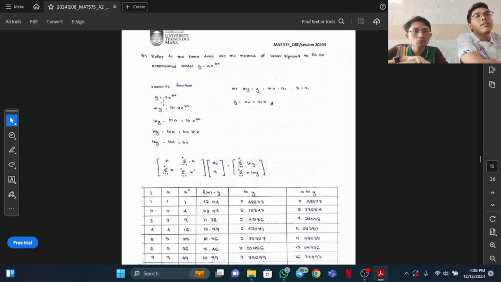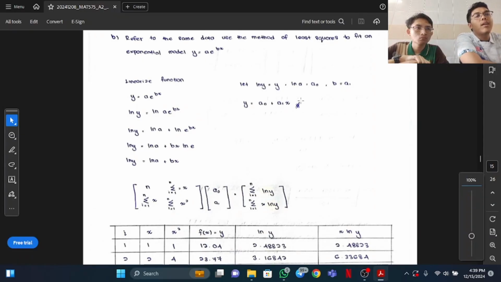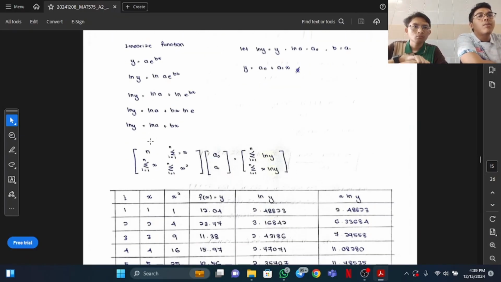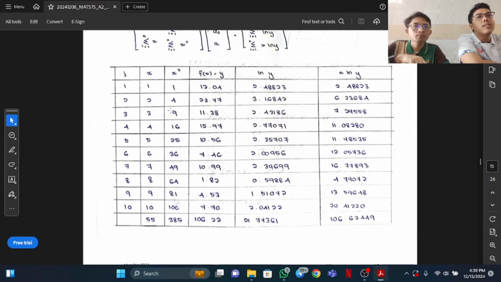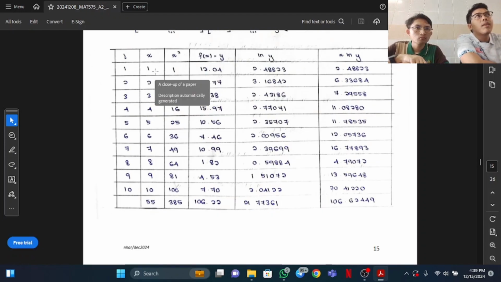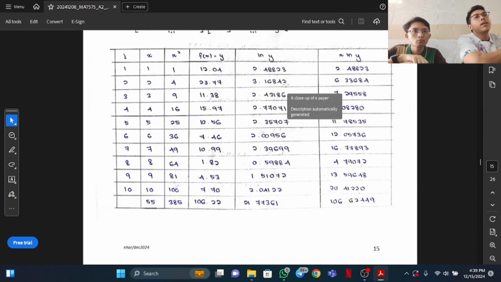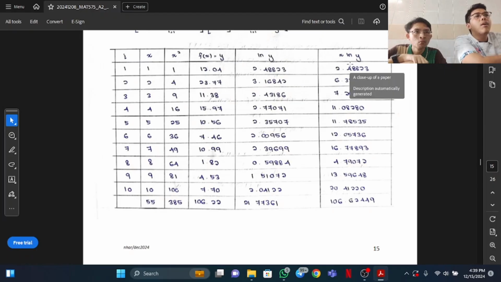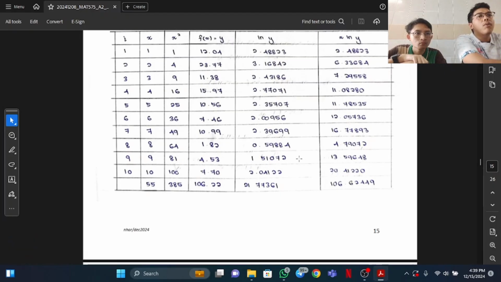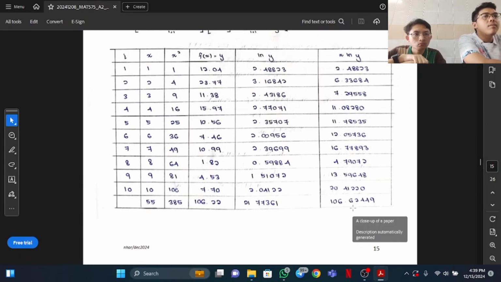So first we need to linearize function of y equal to a exponent bx, and then we get ln y equal to ln a plus bx, and we let ln y equal to y, ln a equal to a naught, and b equal to a1, and we summarize into the equation y equal to a naught plus a1x, and we convert to matrix form as displayed here, and we calculate the value of our variable, which is, we have 10 data of year, and our volume, which is fx, we assume as a y, and then we calculate the value of ln y and x multiply of ln y, and then we calculate the total here, and we get for ln y, which is 21.77361, and for total of x ln y is 106.62449.